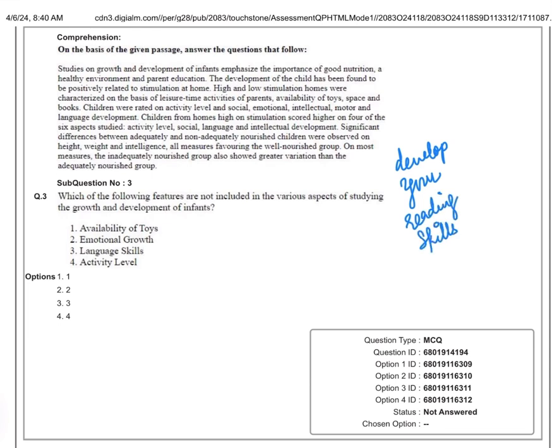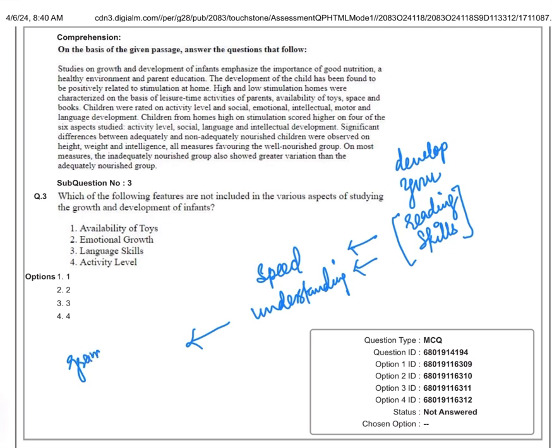What do I mean when I say reading skills? Reading skills means you should have speed, you should have understanding, and for understanding, you should have sound knowledge of grammar and tenses. And you should be able to comprehend it. That is why it is called comprehension.